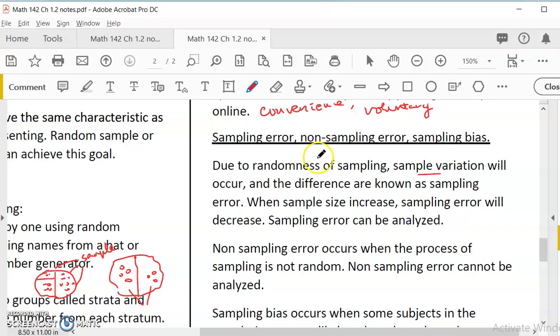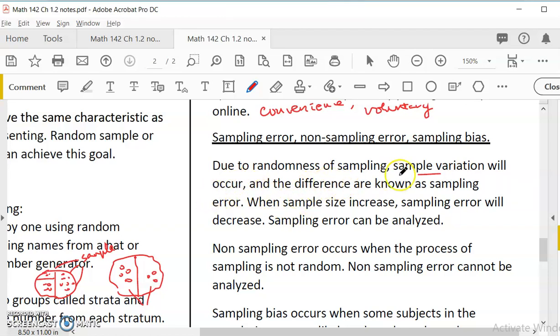Sometimes I would have 10 that have more female. Sometimes I have 10 that are less female. So we call these sample variation, and they are natural. They are normal. The difference to the actual percentage of the population is called sampling error.